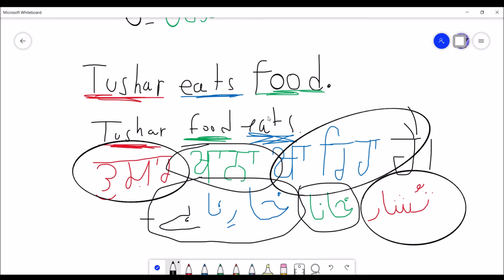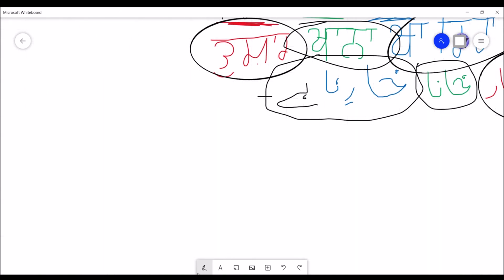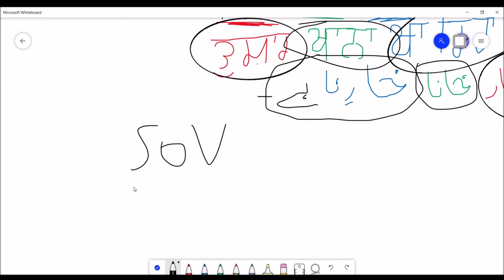Like, again, if you want to say it with the verb, Tushar kha reha hai khana. This is the second normal way. The second normal way is to put it SVO. So let me write it down somewhere here. You have the first place would be SOV, then you have SVO, then you have OVS, which doesn't exist in English.